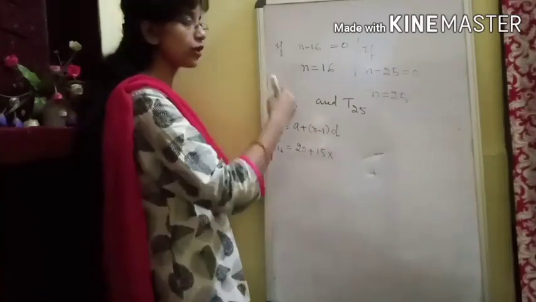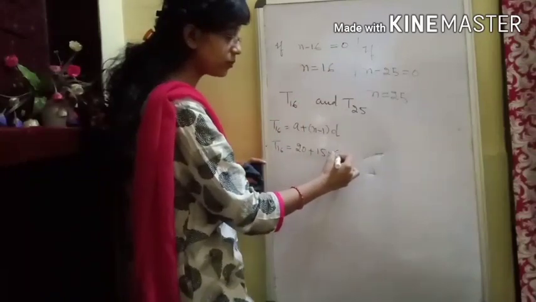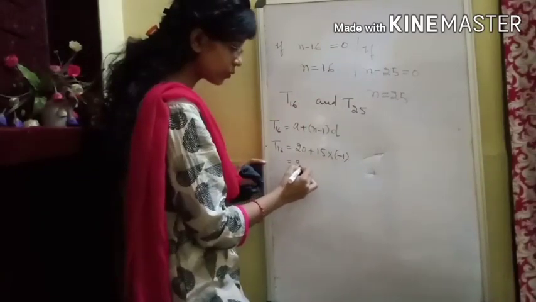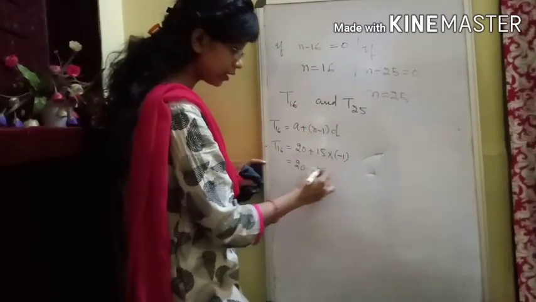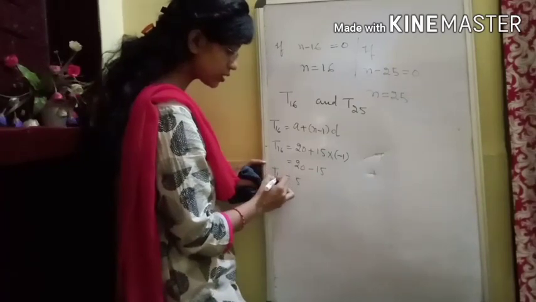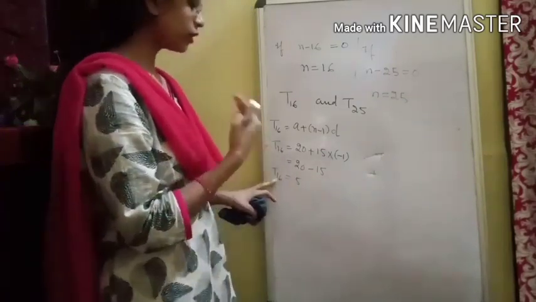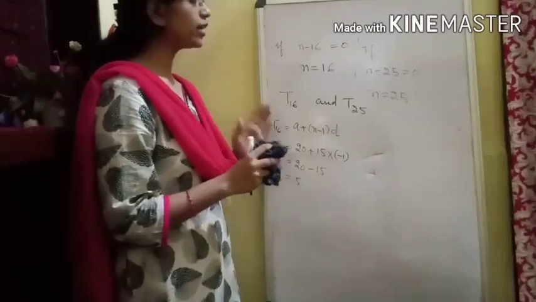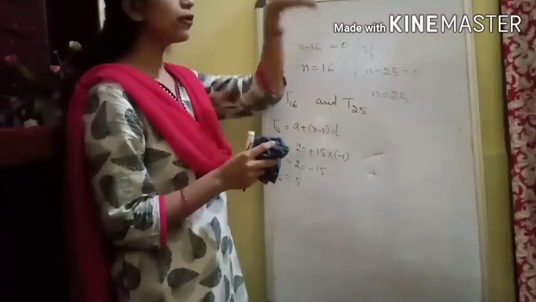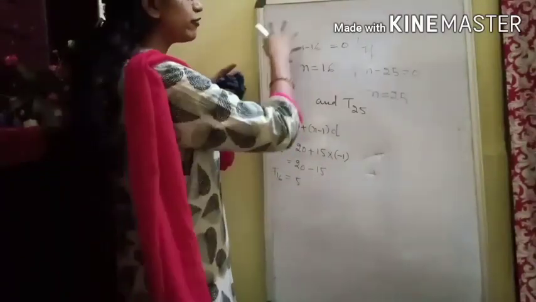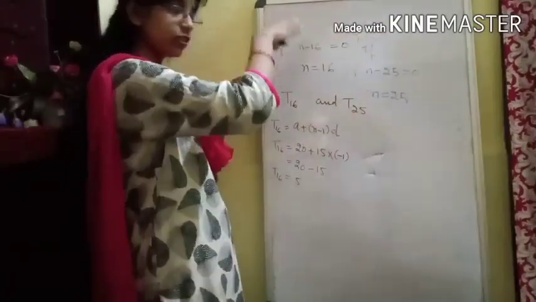If you remember, 20, 19, 18, so d is actually minus 1. So it is 20 minus 15, it is coming 5. So the 16th term is 5, or in the 16th row the number of logs would be 5.